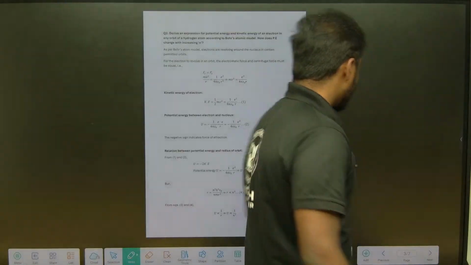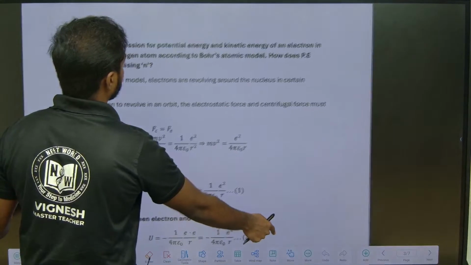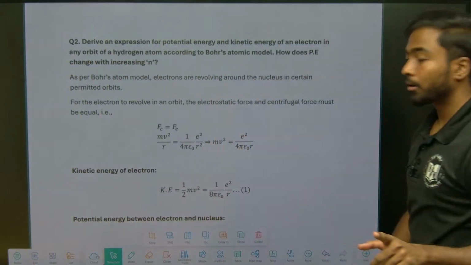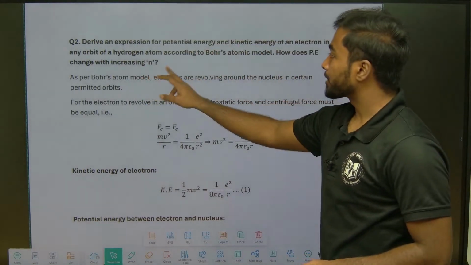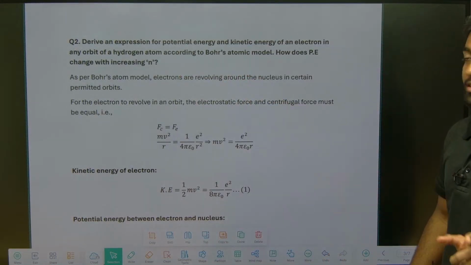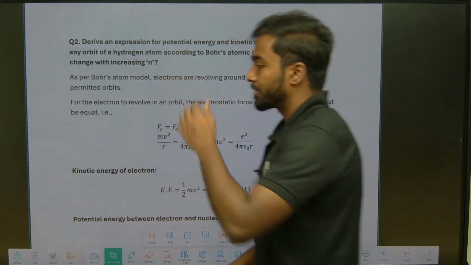So the next question: derive an expression for potential and kinetic energy of an electron in an orbit of a hydrogen atom according to Bohr's atomic model, and how the potential energy changes with increasing n. That's the question here.